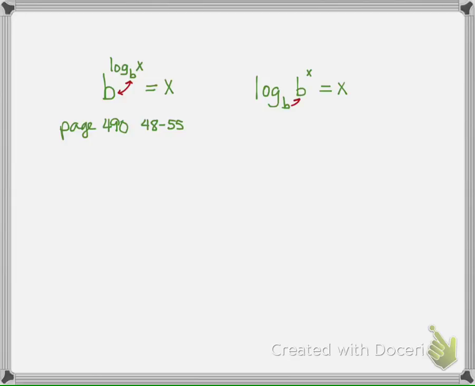Maybe not necessarily change a number, but express it in a way where the bases do match up. There's a couple of those that you could work on. So I'm going to give you guys some time to work on 48 to 55, maybe just 4 or 5 minutes. And then we're going to go over those answers.